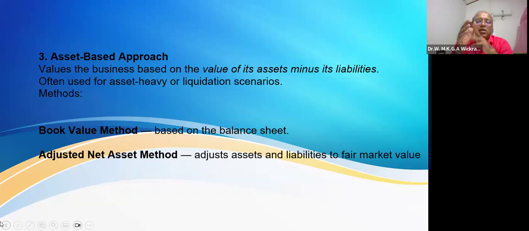Even if you don't need to know accounting, you can go through the balance sheet, both sides tally. One side is assets, other side is liability. From the book value method also, what you are doing is getting all the assets value and minus whatever liabilities. Then you will end up with the value of the company.